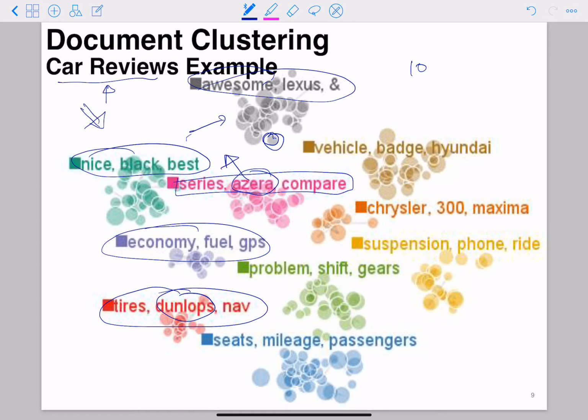This one is a comparison against Lexus and Chrysler, and so on. And this one is another topic about a potential issue with this car, possibly related to the gear shifting system. So this is how we can perform topic modeling and visualize the result.